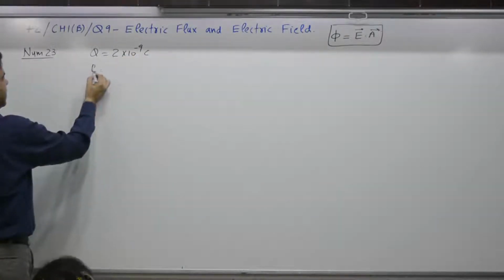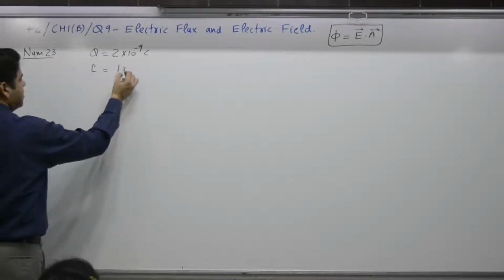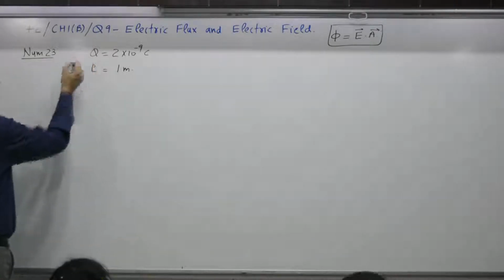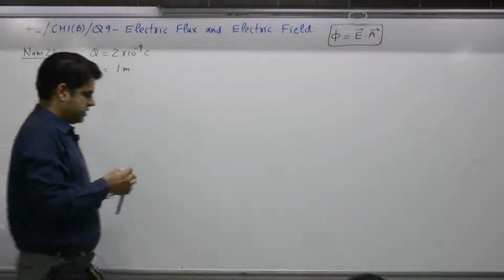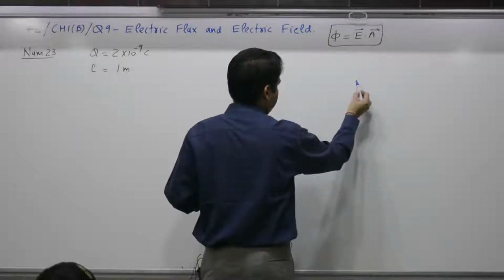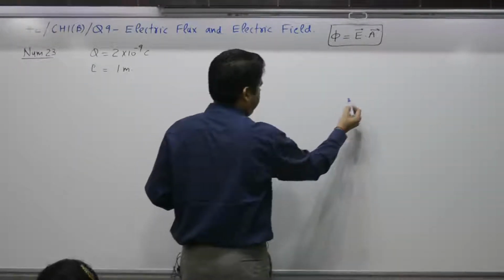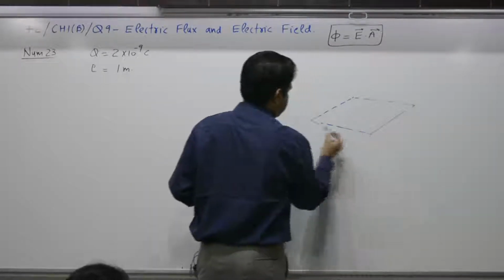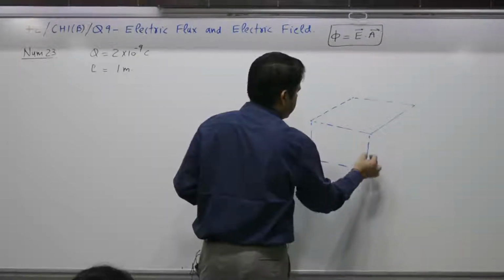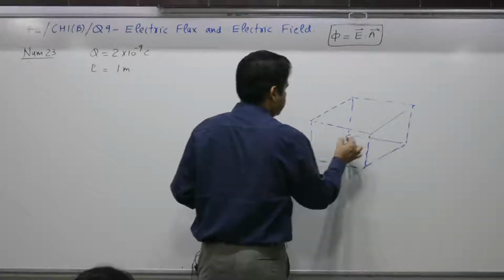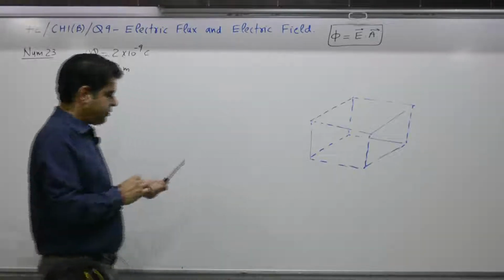Each side of the cube is 1 meter. So this is what is given. What you have to find out is flux. You will have to draw a 3-dimensional diagram. Otherwise, you won't be able to understand at least 10 objective questions based on the same.